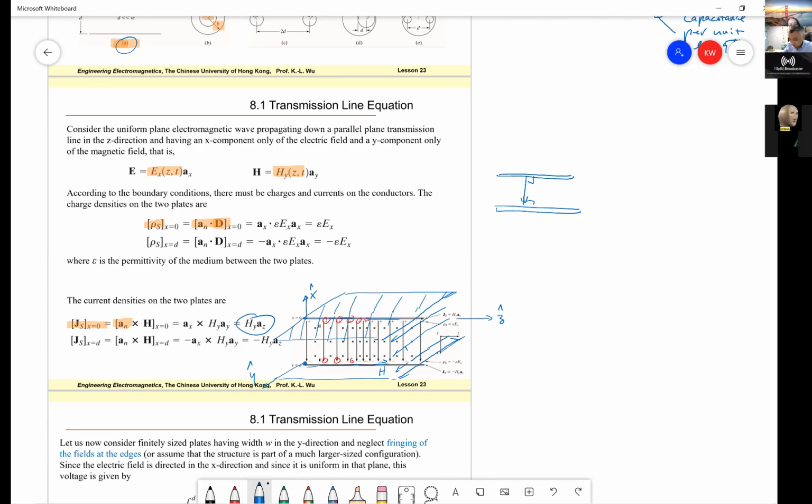So what we have is, in the lower plate, this is the N direction. In the upper plate, the N direction is opposite, right? So therefore, we have a current in the lower plate in that direction, and in the upper plate in the opposite direction.